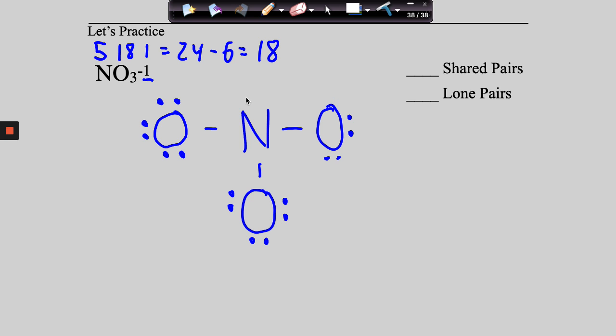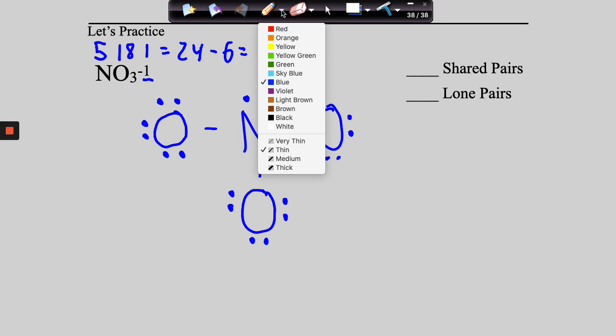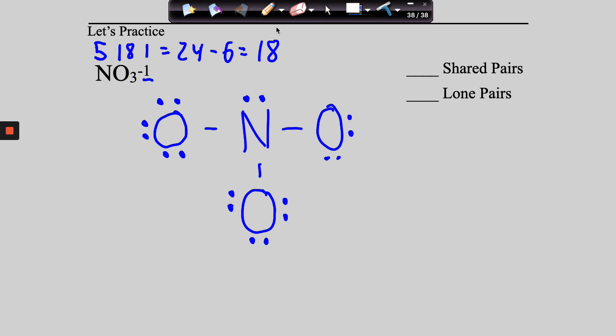It doesn't matter where you put them, so long as you are obeying the rules where you don't put extra electrons on hydrogen and you fill the halogens first, so long as you're not putting more than 8. So let's just leave those electrons on the nitrogen then, and we'll let that be okay. Okay, so now we need to check the octet rule. Oxygen, all good with 8.